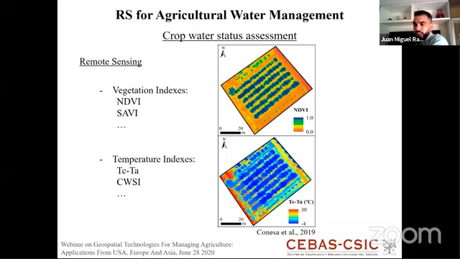In this sense, two approaches can be used: the use of vegetation indexes, such as the NDVI or SAVI, or the use of thermal indexes, such as the canopy to air temperature difference or the crop water stress index.